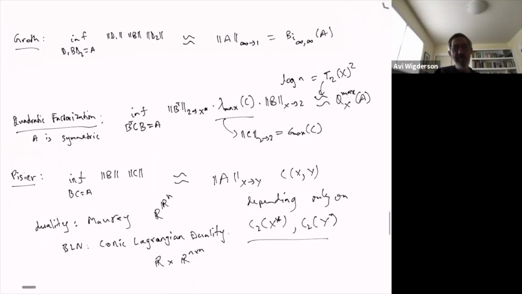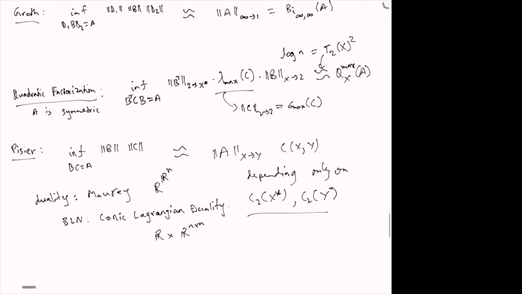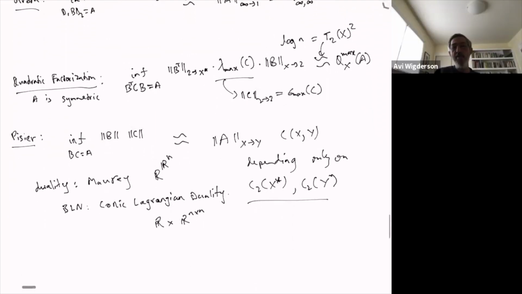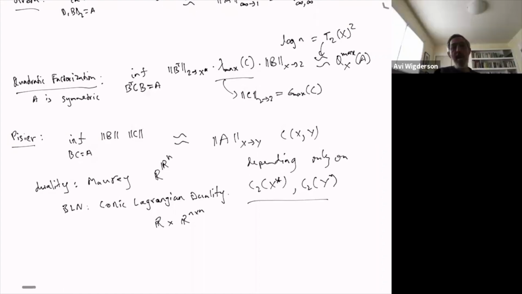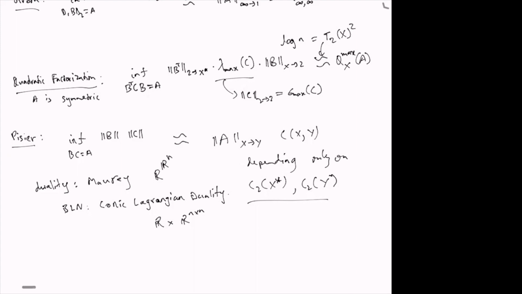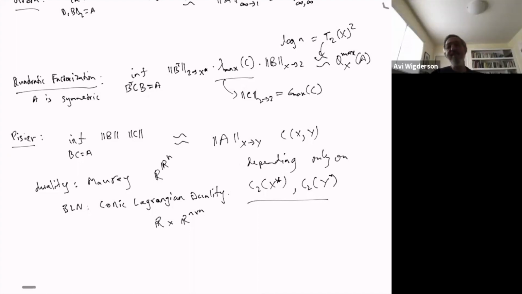It seems like if this is a type 2 constant, x star and y will be L infinity. This is related to the fact that the co-type 2 constant of the dual of L infinity is constant, but the type 2 constant is square root log n. So it's the difference between type 2 and co-type 2. One is constant and the other is not. Exactly. I didn't even notice that you said something different in both cases.